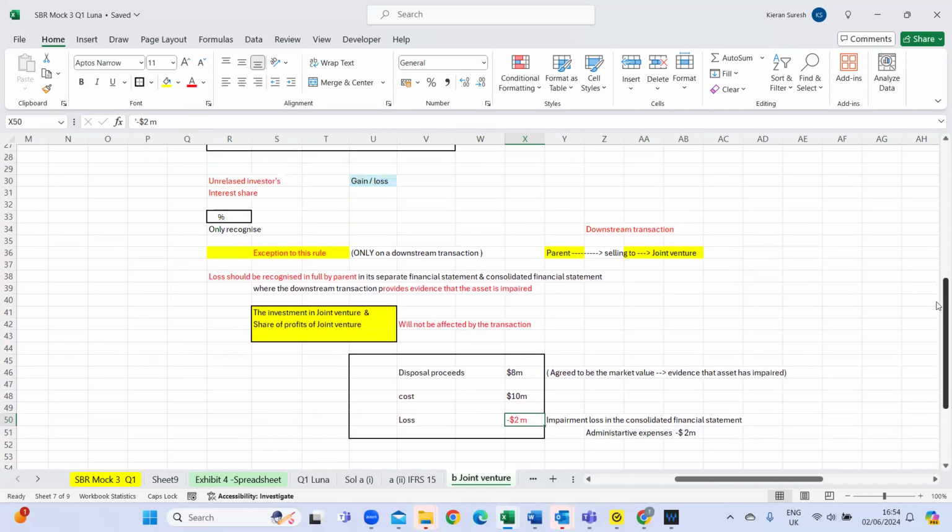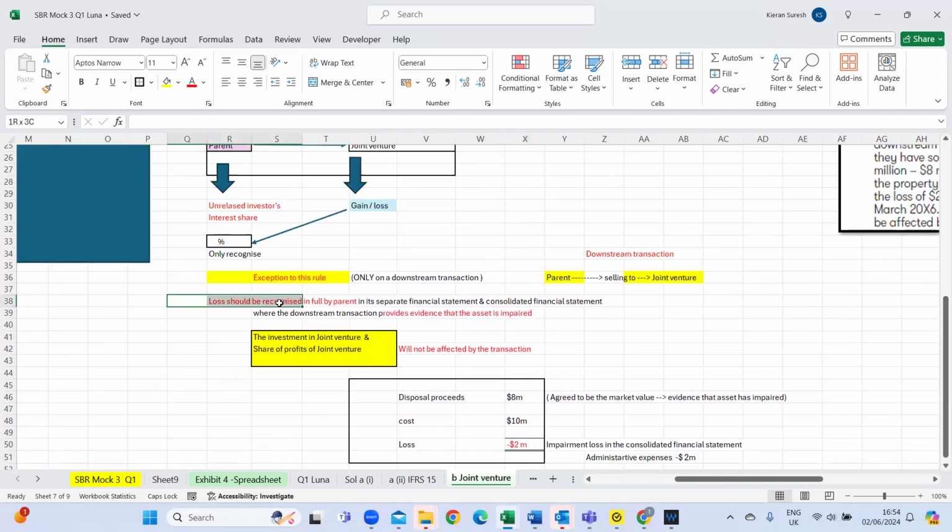So this exception would apply. Now we know the parent has suffered this 2 million loss, and this loss should be recognized in full by the parent. It is not that the parent should recognize 50% of it. The parent must recognize this loss fully in its individual financial statements and also in its consolidated financial statements.